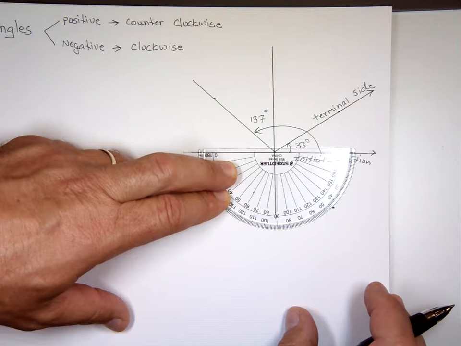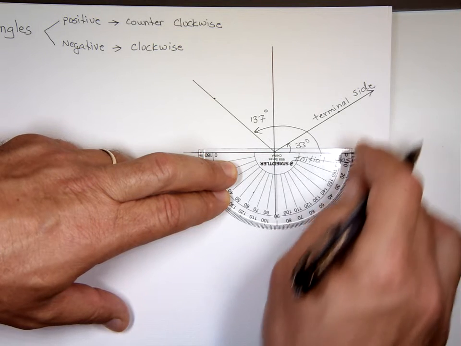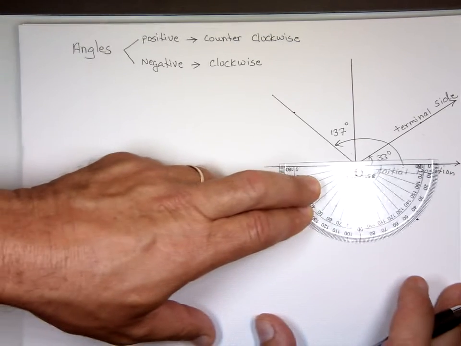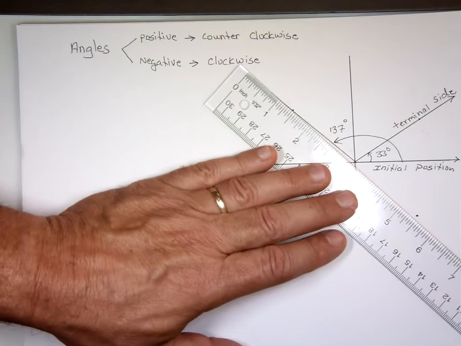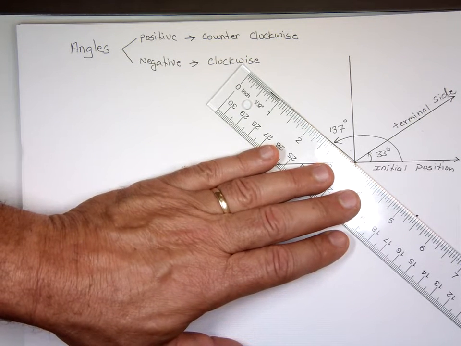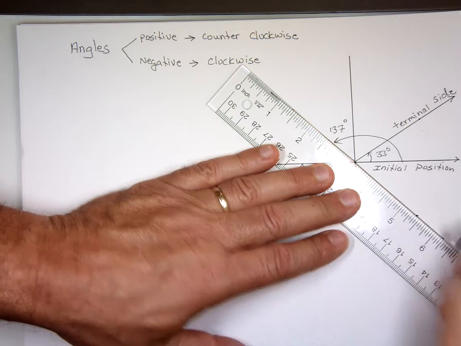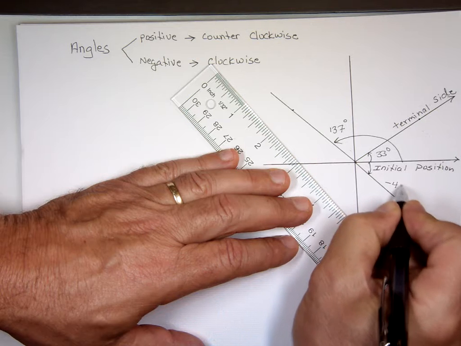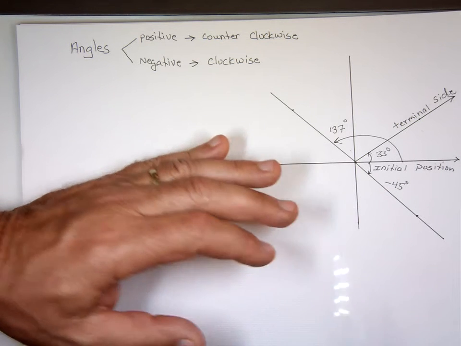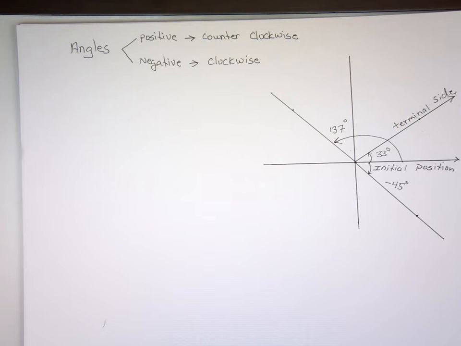So if it's negative, you gotta travel clockwise, and when you draw that line, that's a negative 45 degree angle. So negative when you travel clockwise, positive counterclockwise.